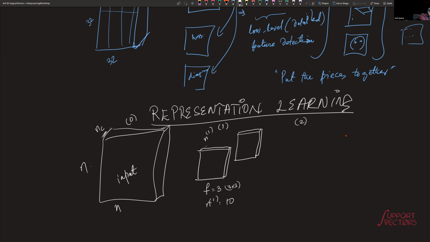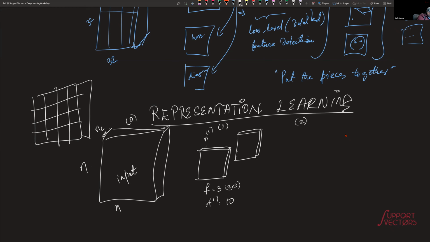If you look at this picture, let's make it 5 by 5. Suppose you took a 3 by 3 filter. As it moves in this direction, you realize that this guy was visited only once, but this guy will be visited twice.